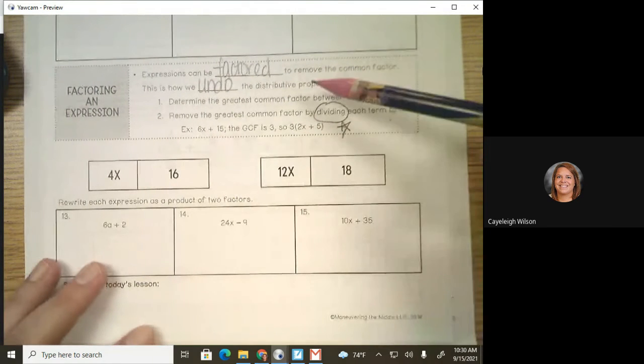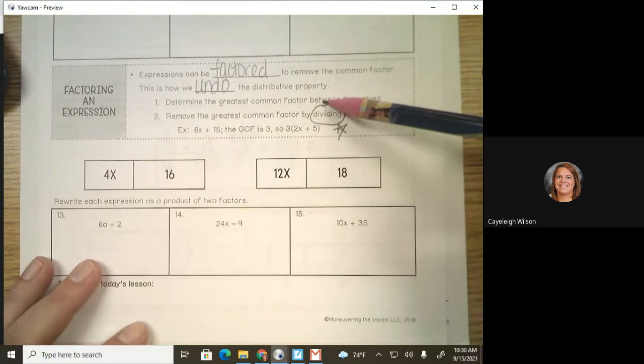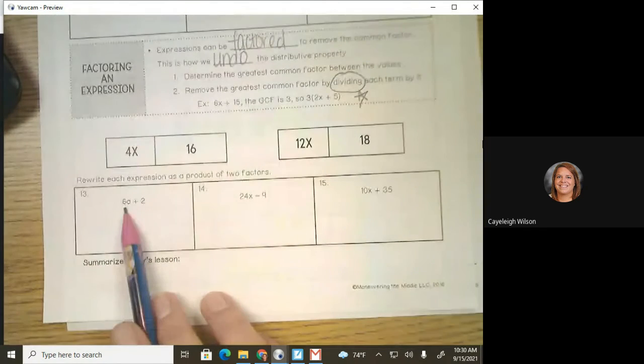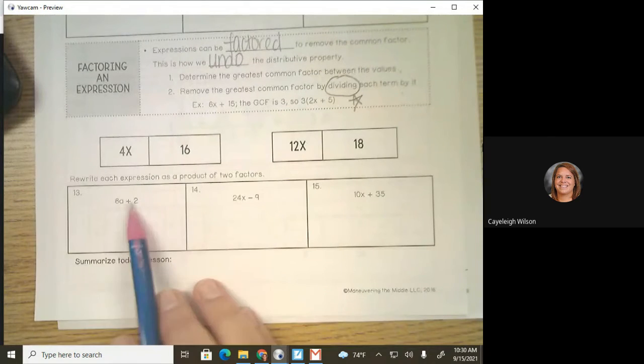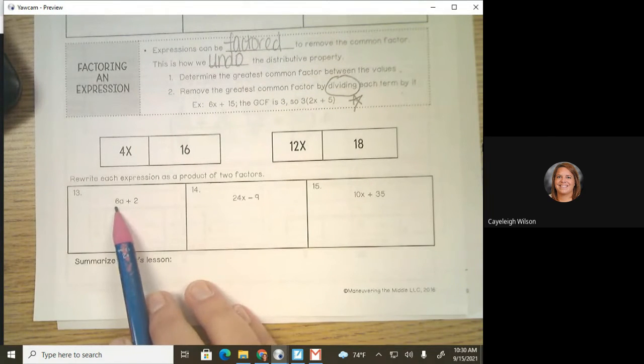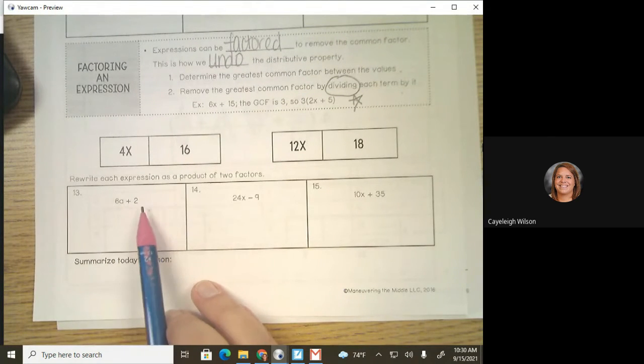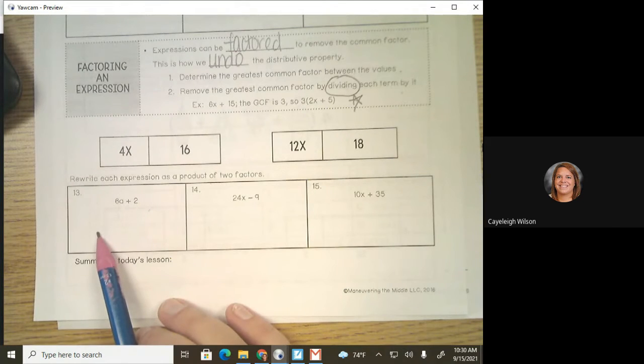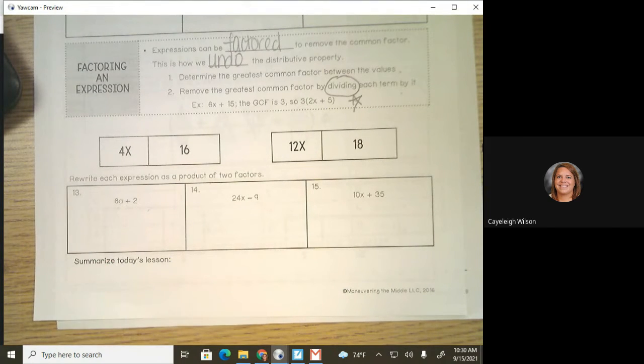So the two steps that I'm following: determine the greatest common factor. So let's look at the two numbers. Don't yell it out. Hold on. The two numbers are 6 and 2. So let's all use our multiplication chart for a minute if you don't know, and let's find the greatest common factor of 6 and 2.